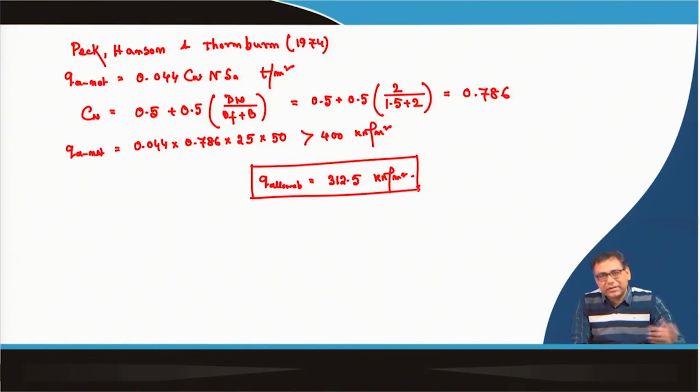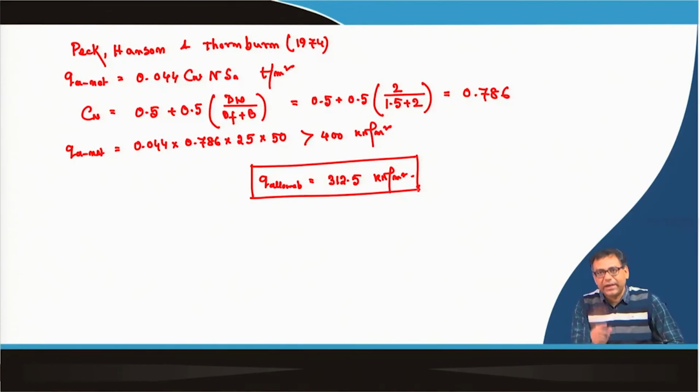So, we have discussed the three methods. One is the bearing consideration or the settlement consideration, another one directly the Q allowable net we are getting. Okay. But among these three, the settlement consideration is giving the lowest value. So, that is why this will be the allowable bearing capacity, and that we will use for our design.